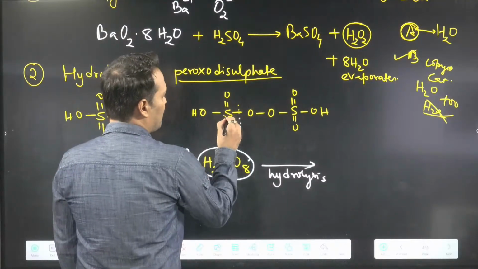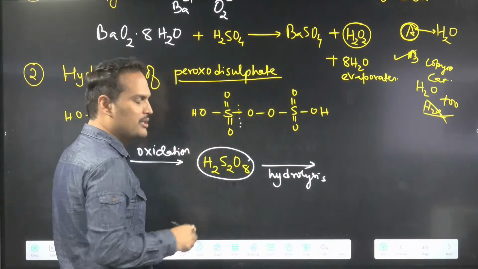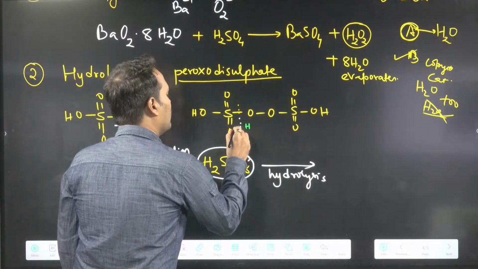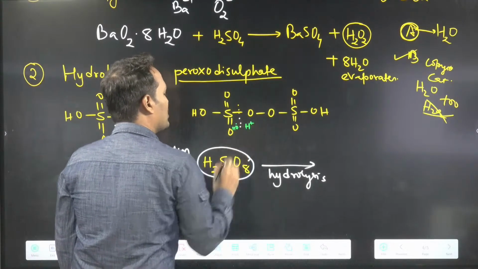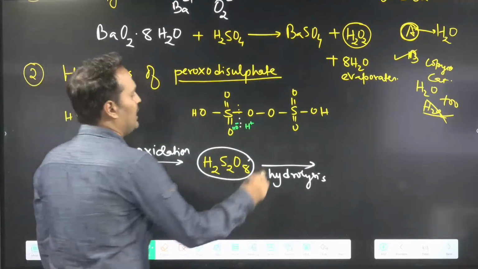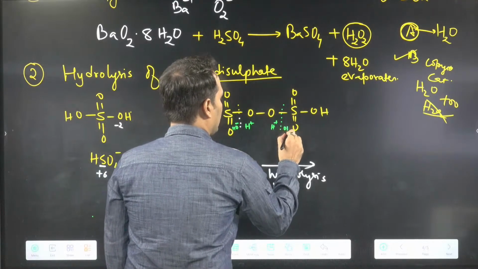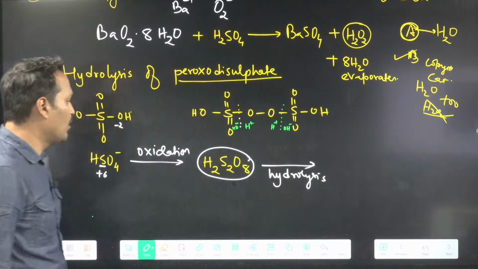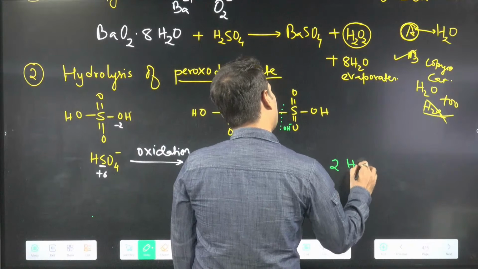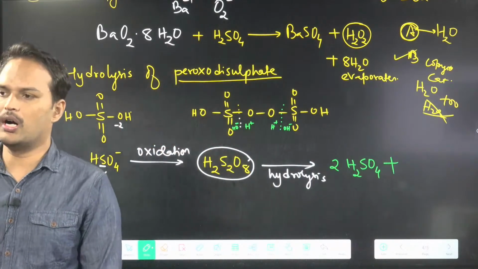So oxygen is delta minus, sulfur is delta plus. Put water, meaning put H plus and OH minus. This is not the mechanism, but this is the shortcut part. Similarly, do it here also. Here put H plus, here put OH minus. What are you getting now? You will get 2 moles of sulfuric acid with what?